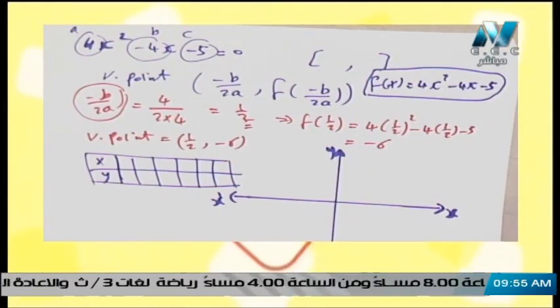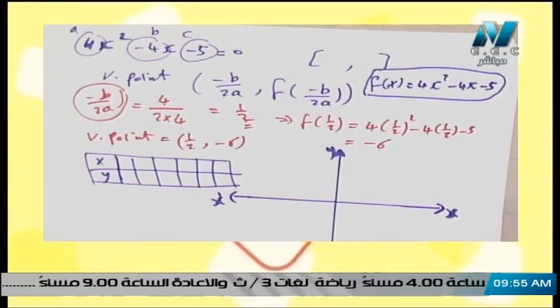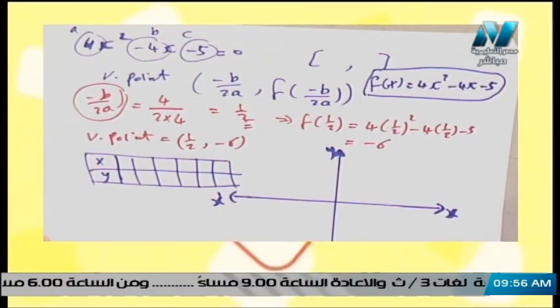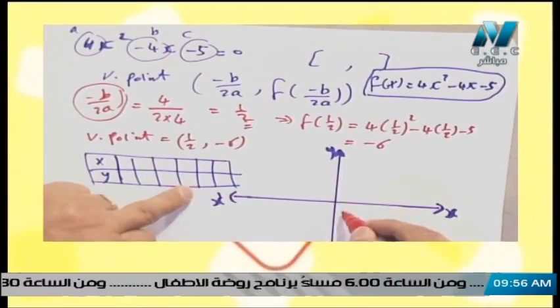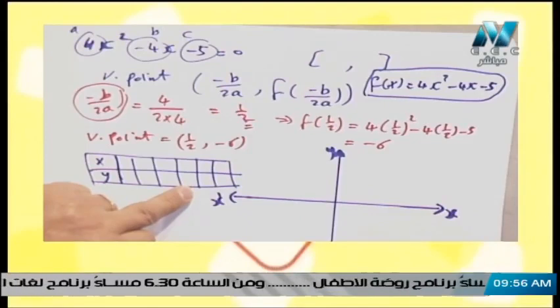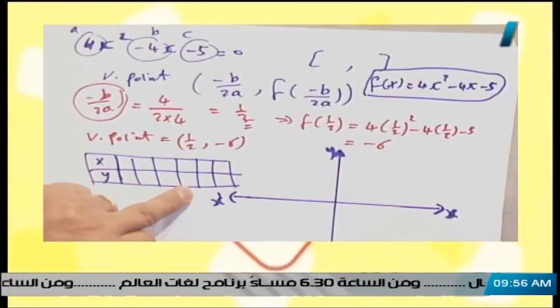And what numbers do we put here? x is half, and the vertex point here is half and negative 6.